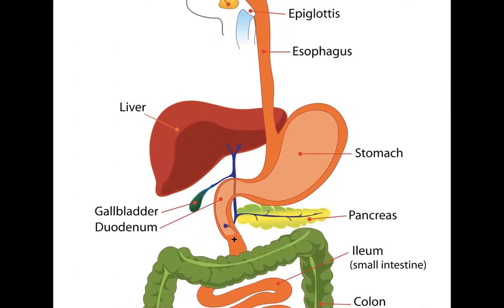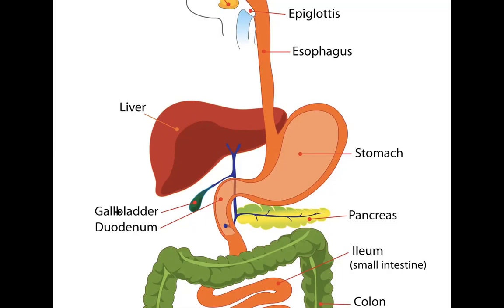This is the duodenum. If you notice, there are two organs nearby the duodenum. The first one is the liver, the hati.